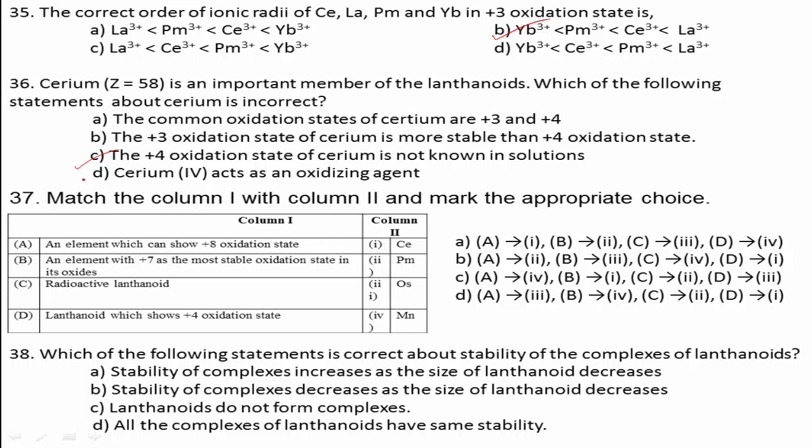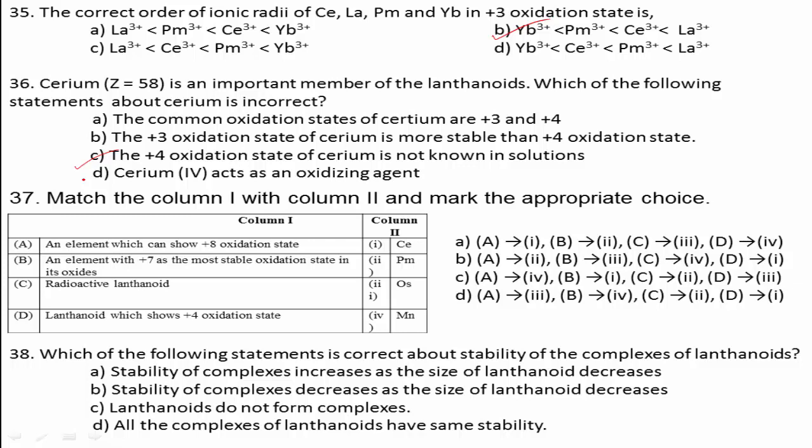An element which shows +8 oxidation state is osmium. Remember, not only osmium but also ruthenium forms tetroxides like OsO4, RuO4, etc. Next, manganese can have an oxidation state of +7, which is the highest possible oxidation state for fourth period transition metals.